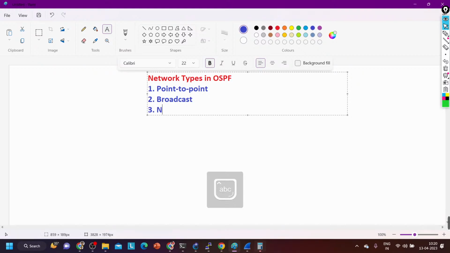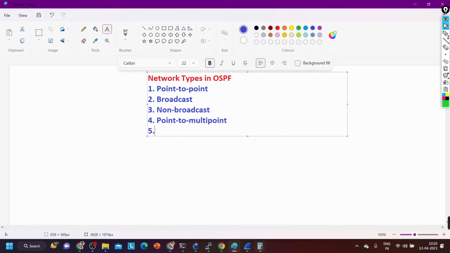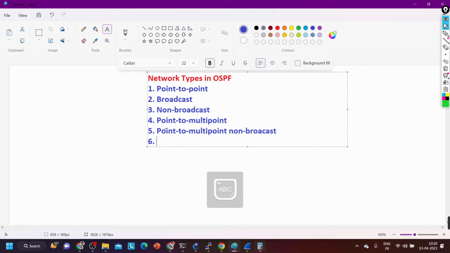Third one, non-broadcast. Fourth one, point to multi-point. Fifth one is point to multi-point non-broadcast. Sixth one is loopback.